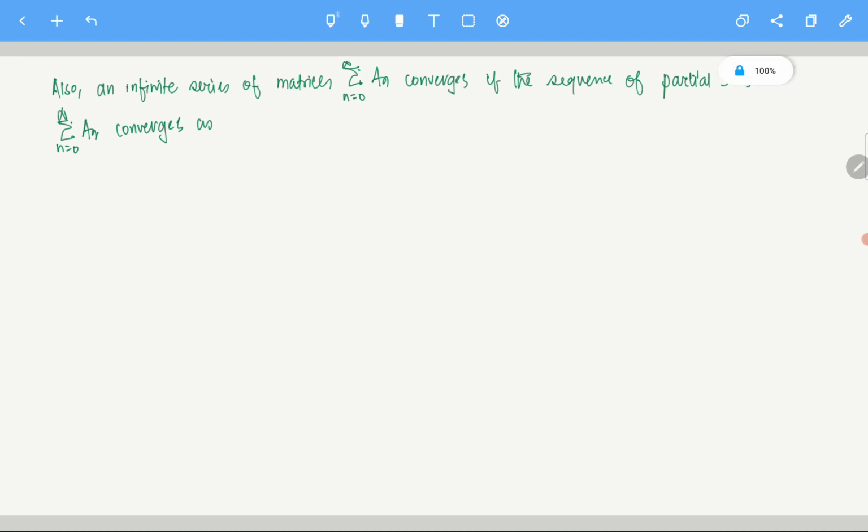Sorry, this is the sequence of partial sums, as capital N tends to infinity. Clear?